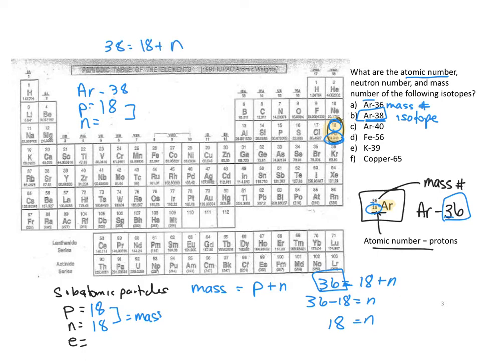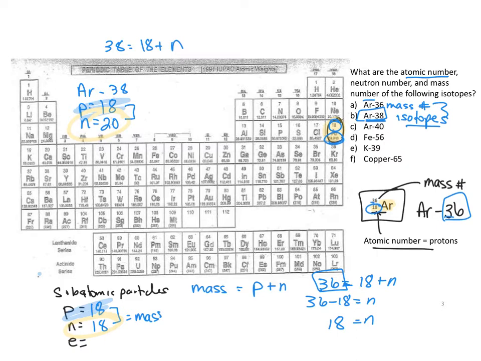Now we do 38 minus 18, and that gives us 20. So they have different neutrons. And these two are isotopes. Isotopes have the same number of protons, 18 and 18, but they have different numbers of neutrons. And that's what an isotope is.